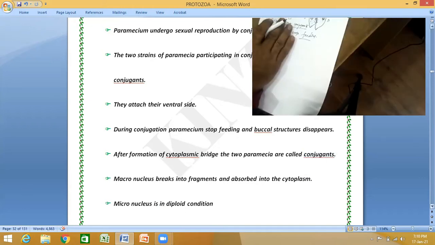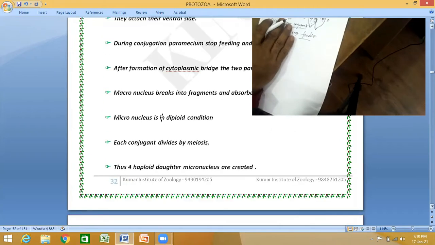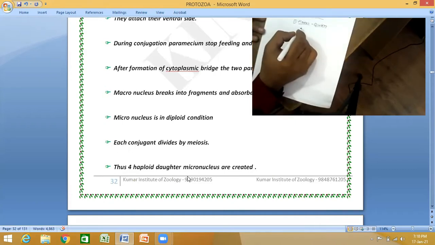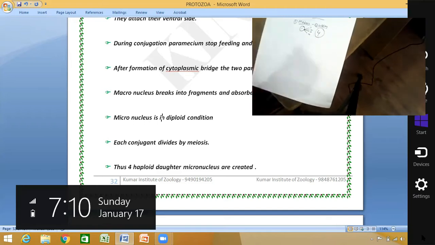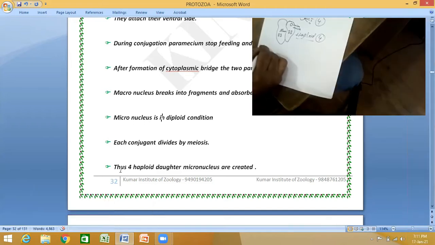The micronucleus is in diploid condition, thus four haploid daughter micronuclei are created. Each conjugate divides by meiosis, which means one nucleus divides into four haploid micronuclei.